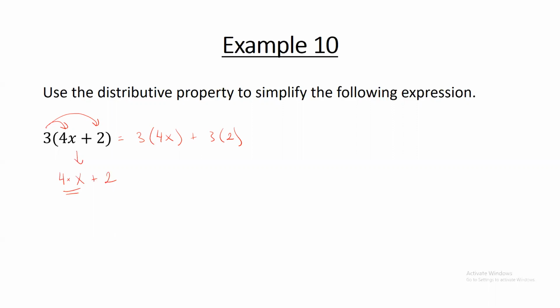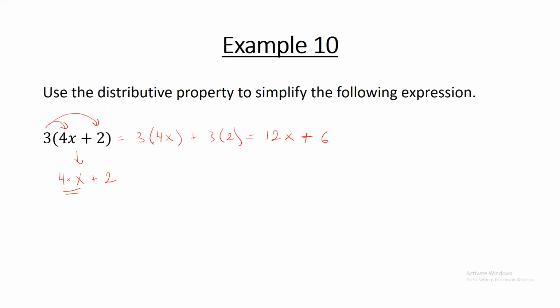Okay, well now I can actually do something. 3 times 4x, well 3 times 4 is 12, so 12x plus 3 times 2 is 6, so we get 12x plus 6.